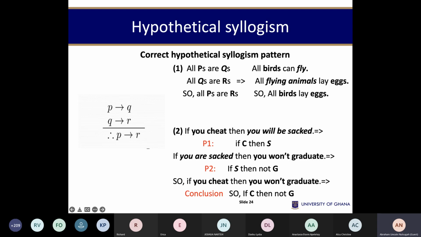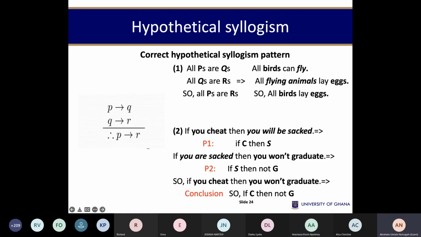Or we can say that all birds can fly, all flying animals lay eggs. Then we will ask you to write the correct pattern of hypotheticals, the conclusion that is likely to follow from this argument, then state which argument it is, and even state if that argument is sound or not. Do you get it? Yes, sir.